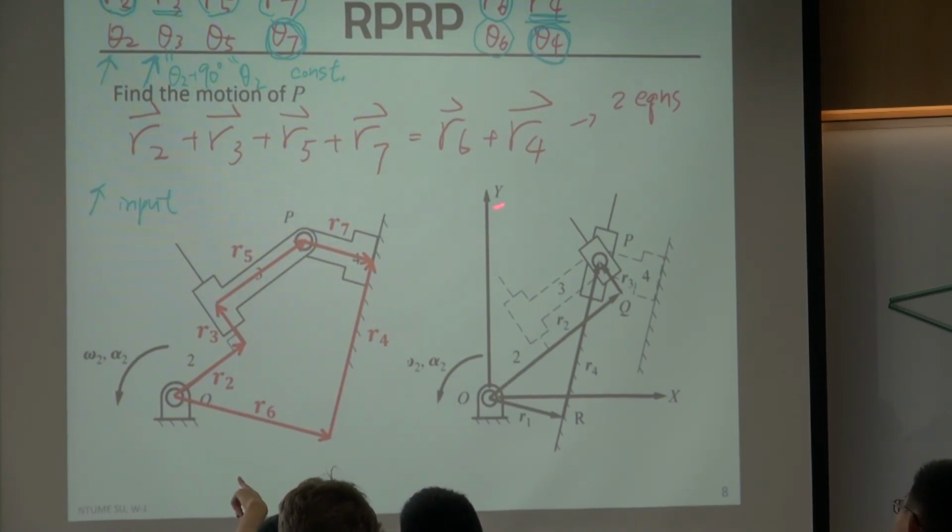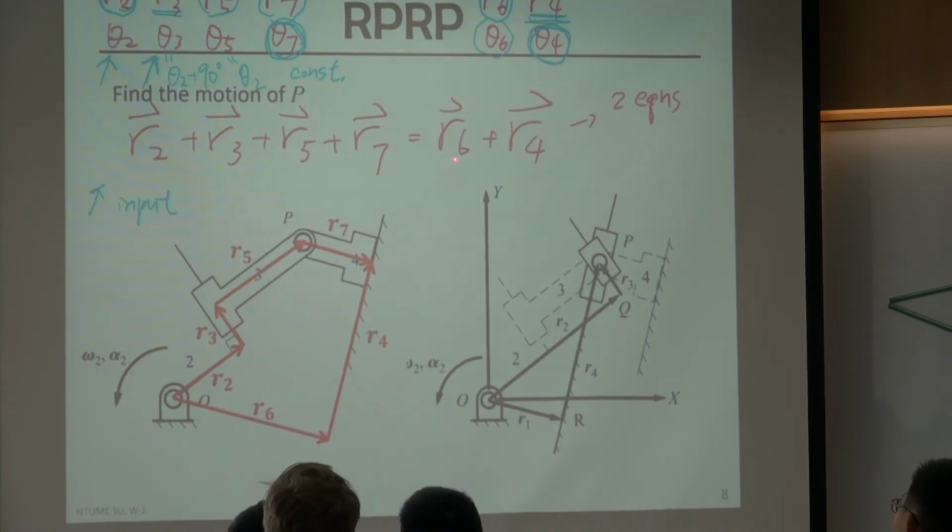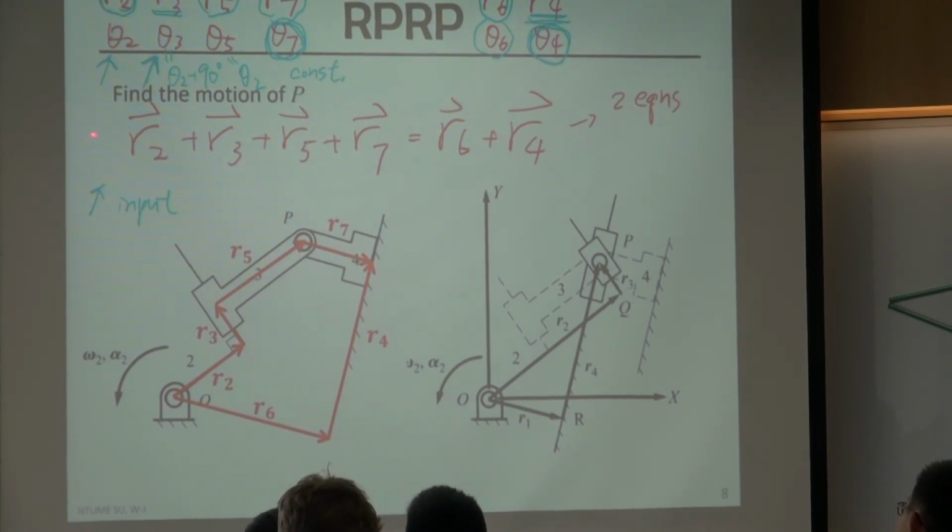But in the textbook, it introduced another trick. We actually don't need to use so many vectors, and we can still find the velocity of point P, or the motion of point P, instead of setting so many vectors.